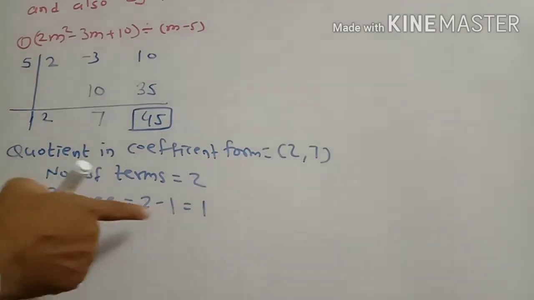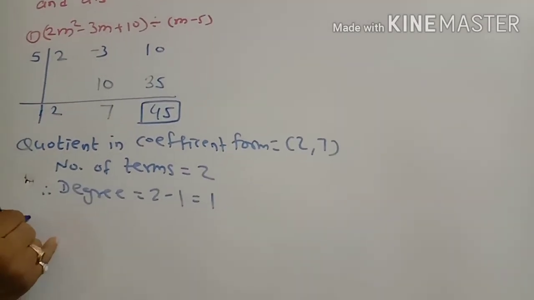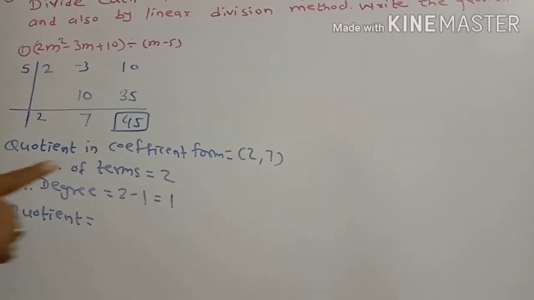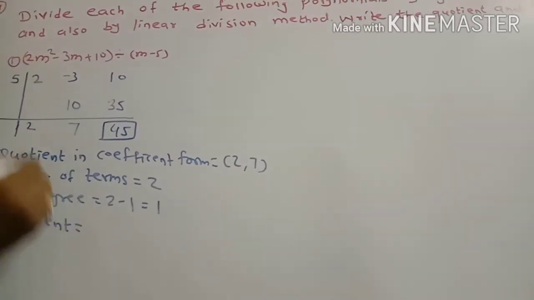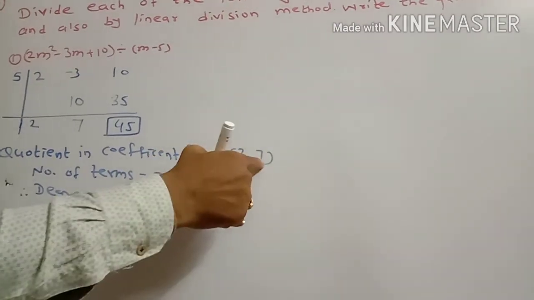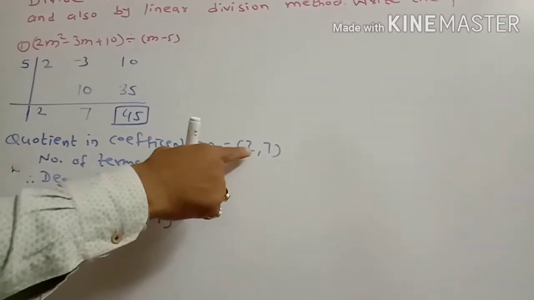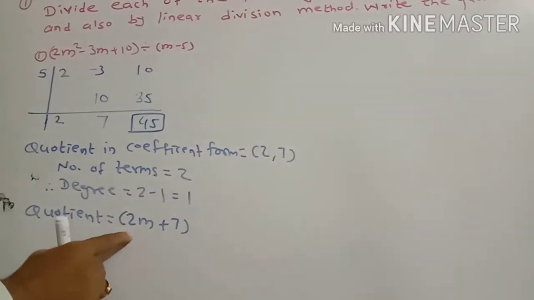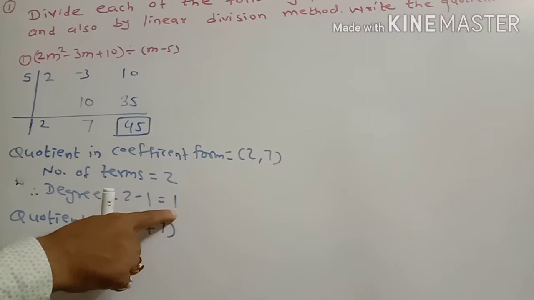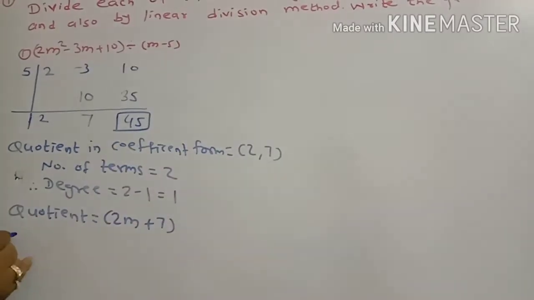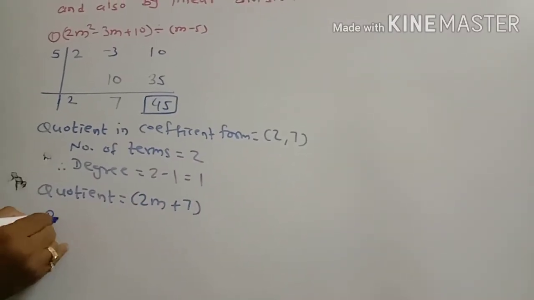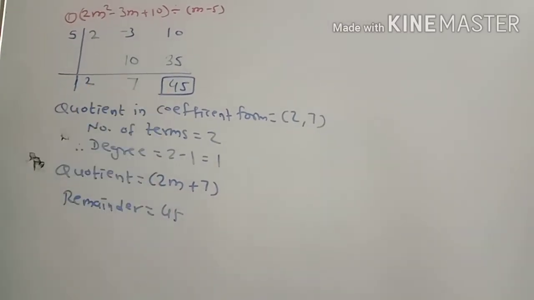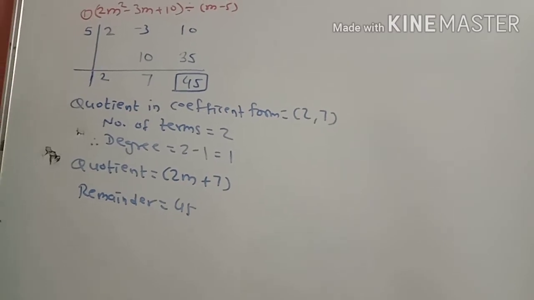The degree is 2 minus 1, that is 1, and therefore the quotient in index form is 2m plus 7. The degree of the first term is 1, with coefficient 2 and variable m, and the last is the constant term. The remainder we take is 45.